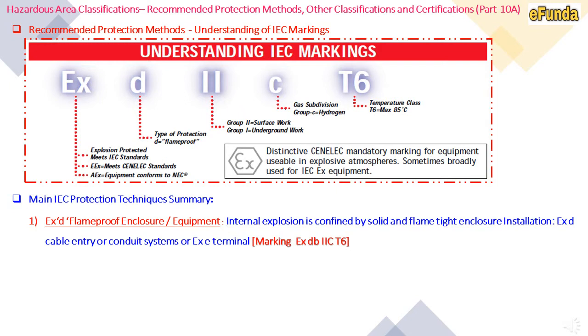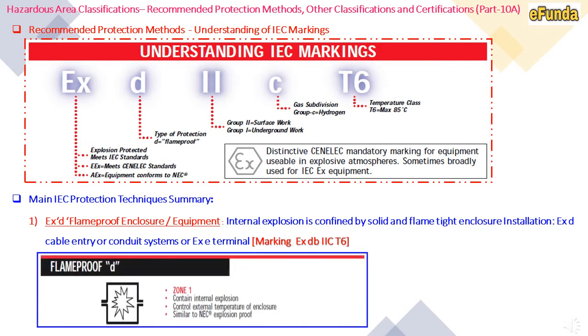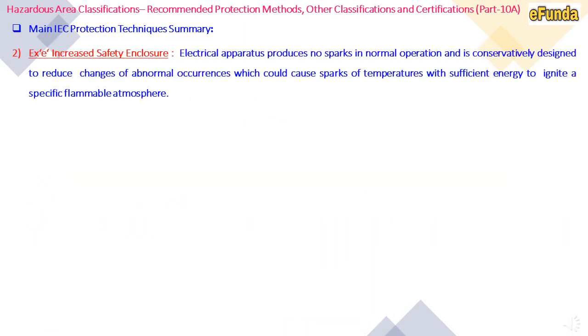Cable entry or a conduit system or Ex e terminal, which is marked by the marking Ex db 2 C T6. One can see in the figure below how the flameproof protection or enclosure is shown. This symbol is applicable in zone 1, contains internal explosion, controls external temperature of an enclosure, similar to NEC, that is explosion proof.